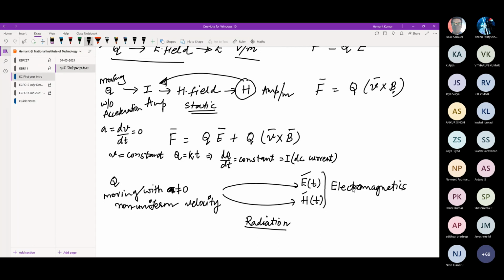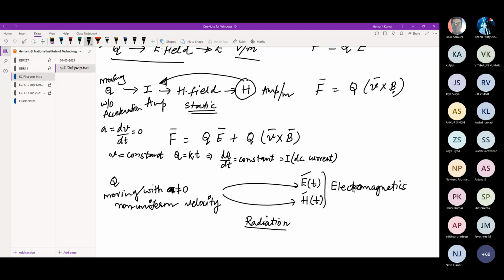So this is the radiation mechanism, how the antenna radiates. You must have a charge with a non-uniform velocity, or you can say the charge must be having acceleration. When the charge is moving with acceleration, there will be EM wave formation, and in this sense it will radiate.